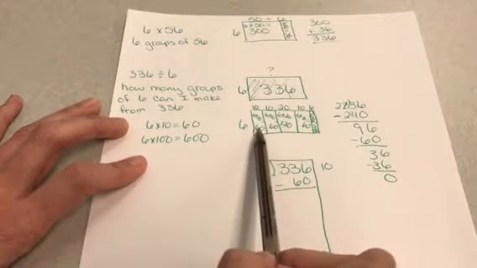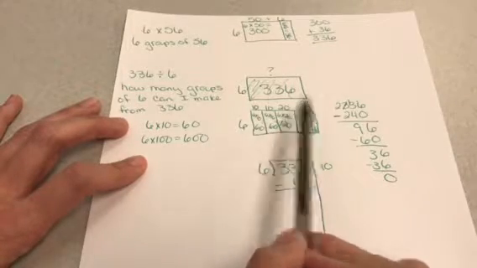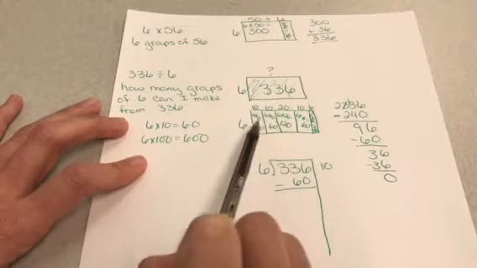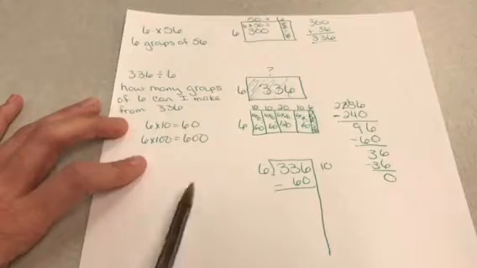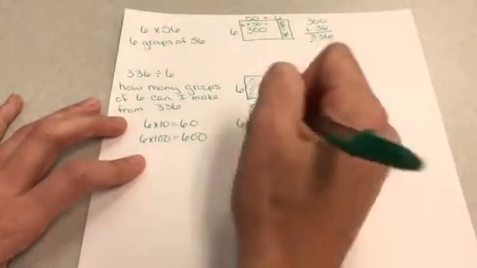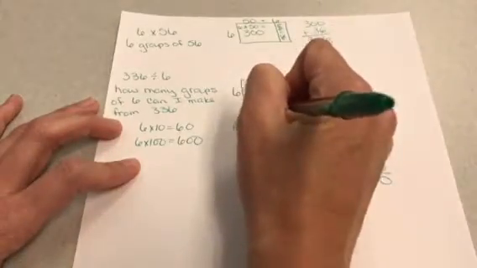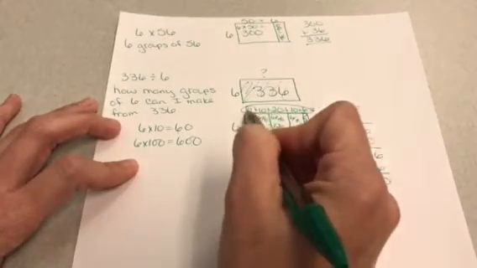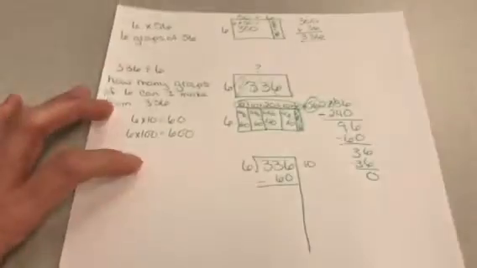Once your kids start getting the hang of this, they'll start chunking this into bigger numbers. So they won't have to take it out by 10s. They can take it out maybe by 20s or 50s, and make it a little bit easier on them. And then all they have to do is add up this right here. So plus, plus, plus, plus, and you have 10, 20, 40, 50, 6. And there's their answer.